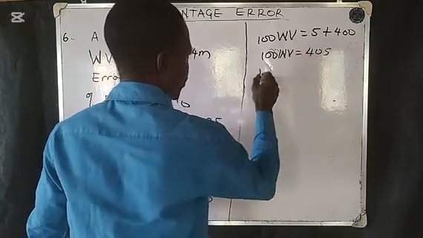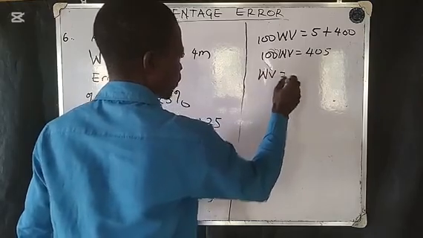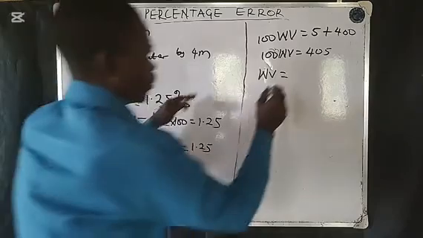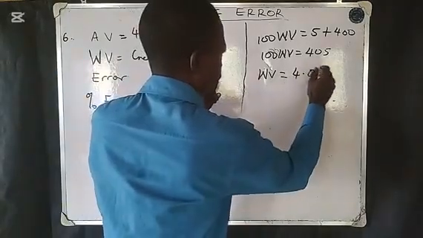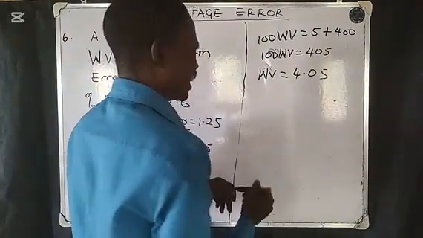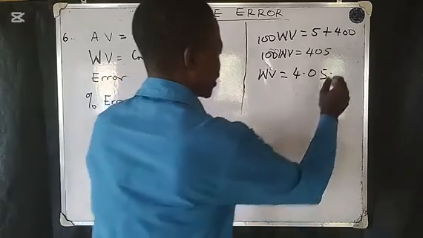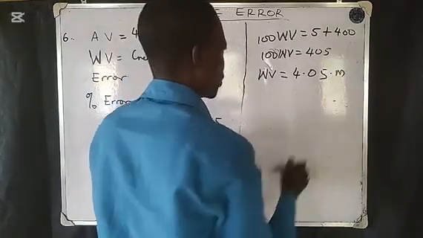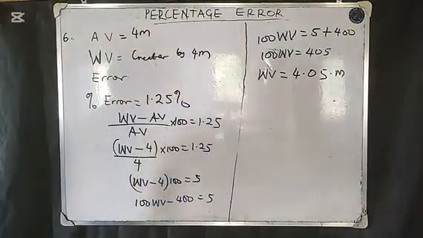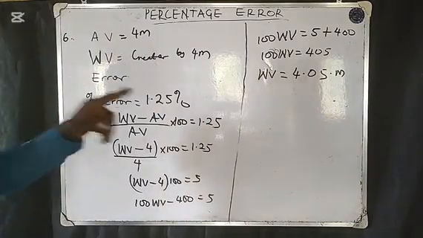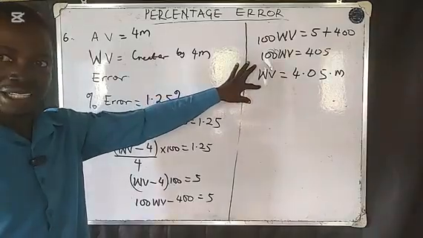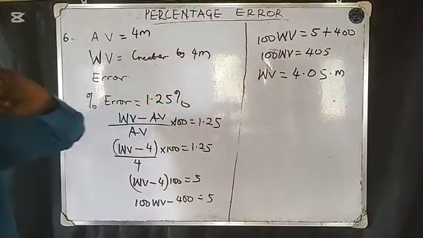If you divide both sides by 100, what do you have? 4.05 meter. This is what the boy measured.